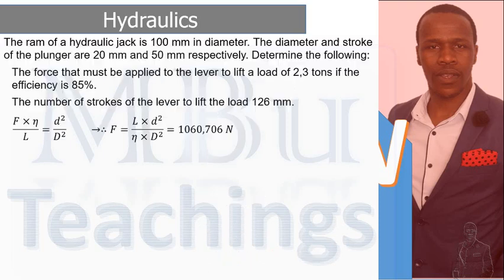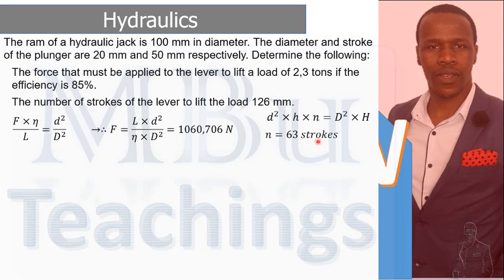So let's go straight to it. You do have 20 squared, you do have 50, we need this one, we do have 100 squared, we do have 126. So we can get our n being 63 strokes. Obviously these two on this side are multiplying, so when they cross over they will divide. Then that's how you'll get your n.